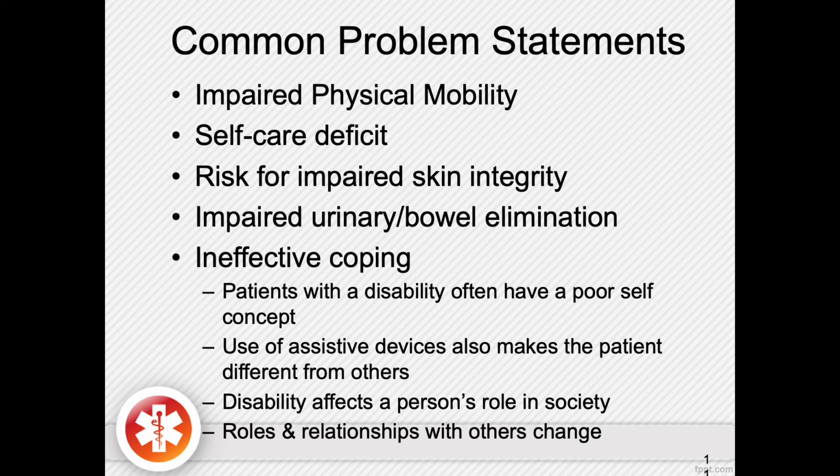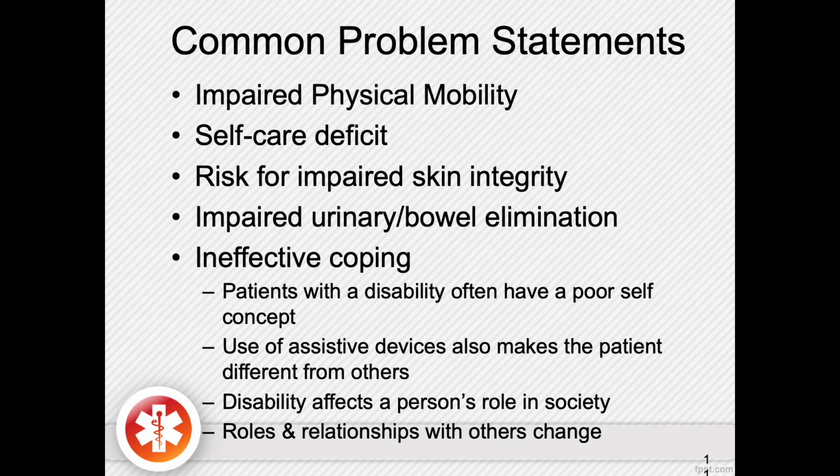These interventions should help to address a number of common problems, including impaired physical mobility, self-care deficit, risk for impaired skin integrity, impaired urinary or bowel elimination, and ineffective coping. And this is because patients with a disability often have a poor self-concept.